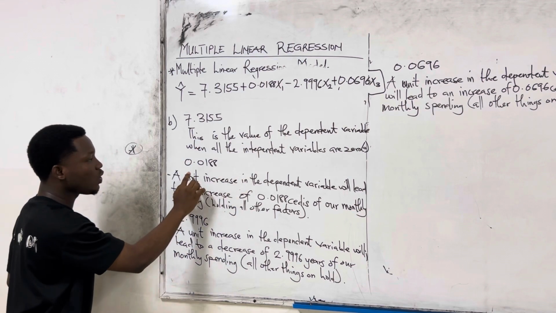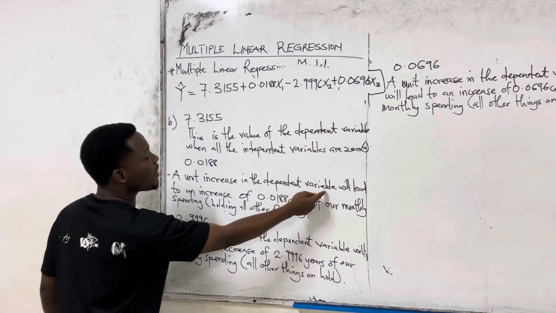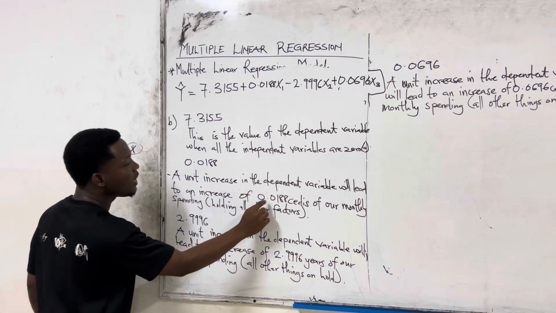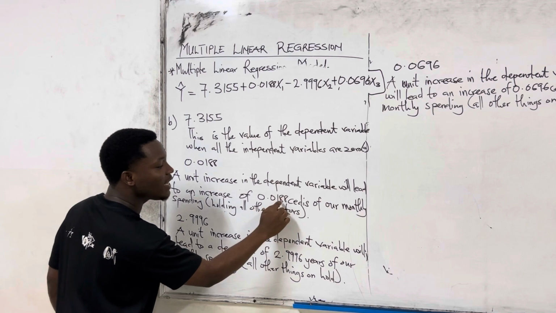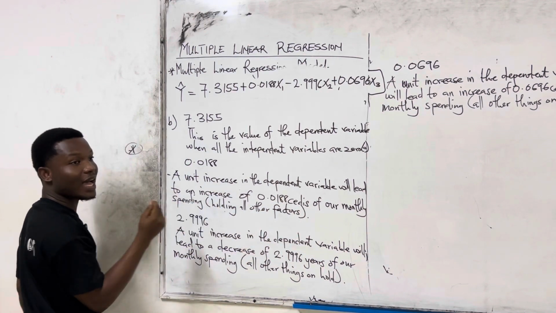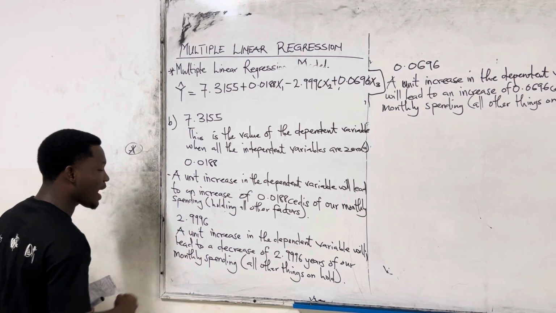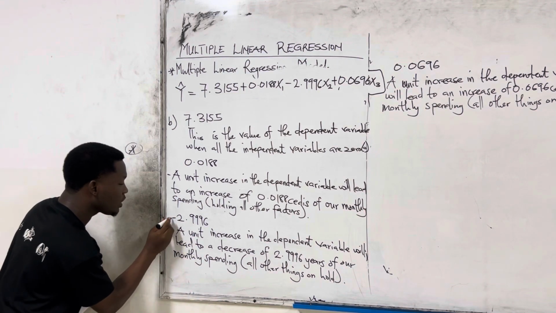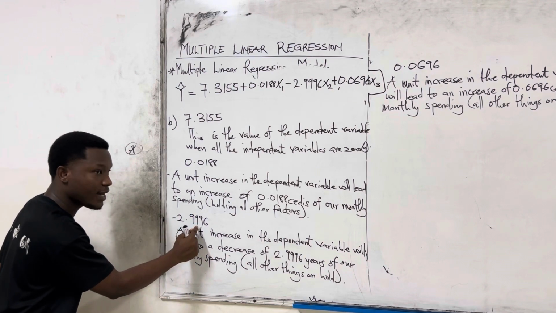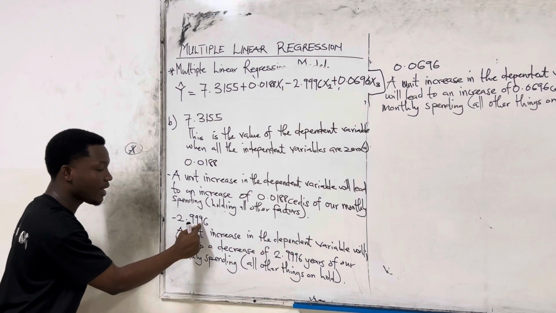The second one is the annual income. The annual income is 0.0188. A unit increase in the dependent variable, which is the y, will lead to an increase of 0.0188 cedis of our monthly spending, which represents our annual income. And then we have the age, negative 2.9996.